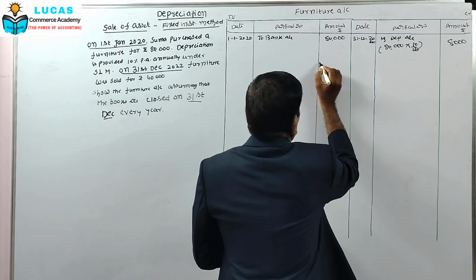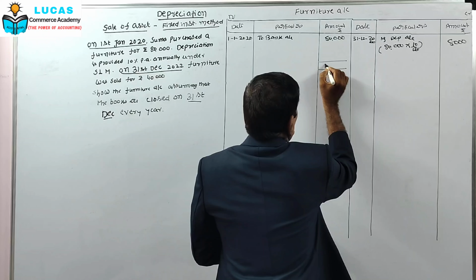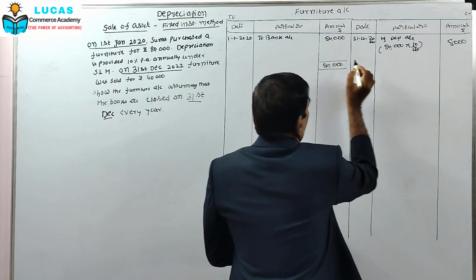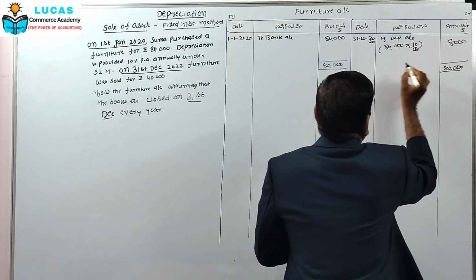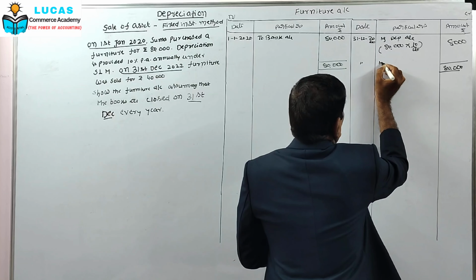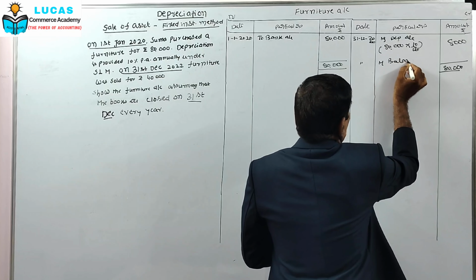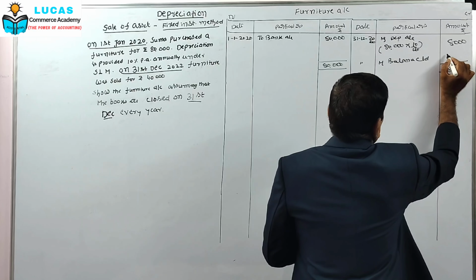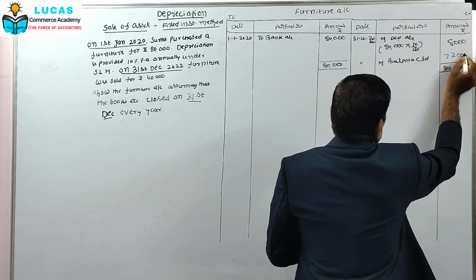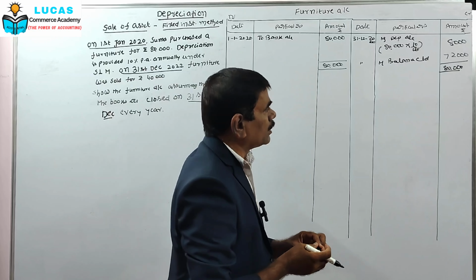Then balance furniture account. So 80,000, the same is transferred to this side. 80,000, then on the same date by balance c/d. So from 80,000 deduct 8,000. So the answer is 72,000.